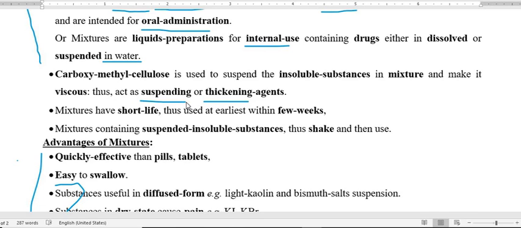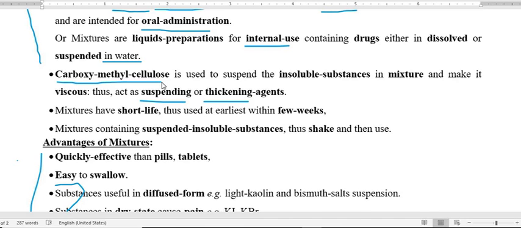When we are not going to use this thickening agent or suspending agent, the two substances that we have used, or more than two substances, may not be easily diffused together. So for diffusing together we are going to use a suspending agent, which keeps the chemical, the substance of the pharmacy preparation, in suspended form, and for that we are using carboxymethyl cellulose.